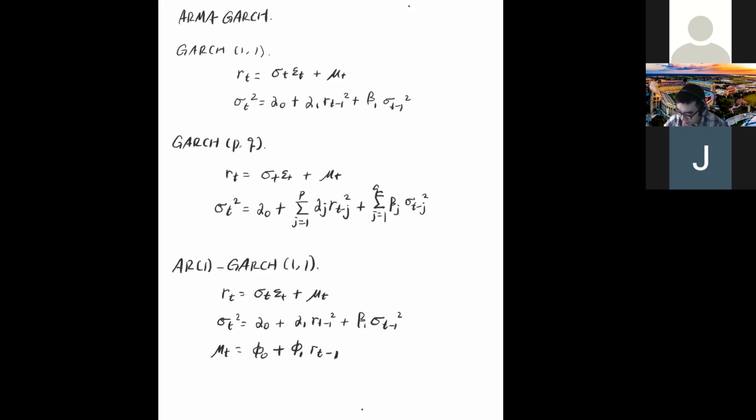Here it is r_{t-1}, not mu_{t-1}. If you plug this back in, you will see r_t equals phi_0 plus phi_1 r_{t-1}, so it's not mu_{t-1}. So that's the AR(1)-GARCH(1,1) model.